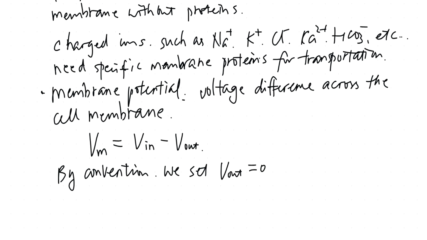And in that case, Vm, the membrane potential, is just the voltage inside of the cell. So Vm equals V in. So when people refer to membrane potential and give a value, people usually understand it as the voltage inside of the cell, because outside is set to be 0. So we set V out to be 0 as a reference point.